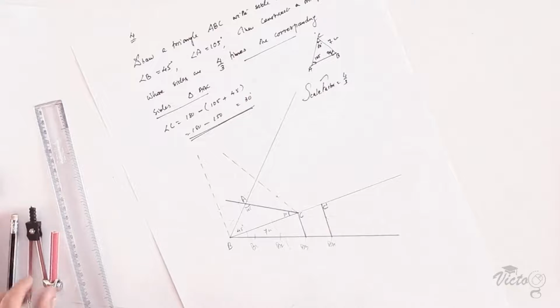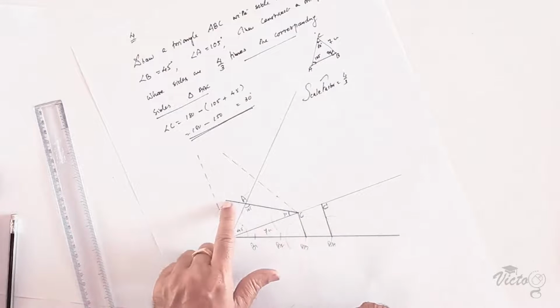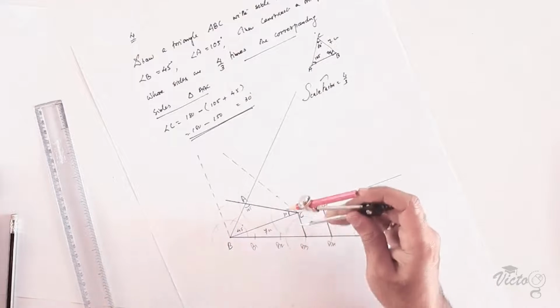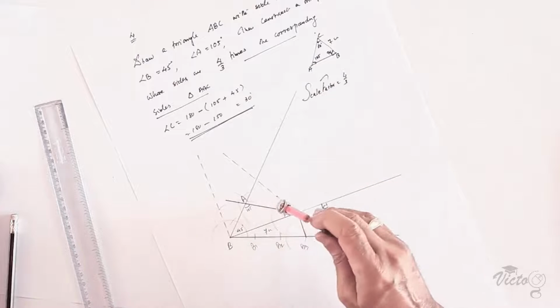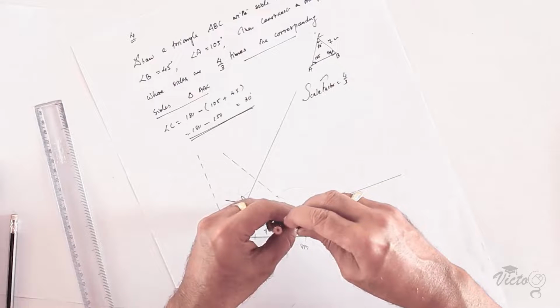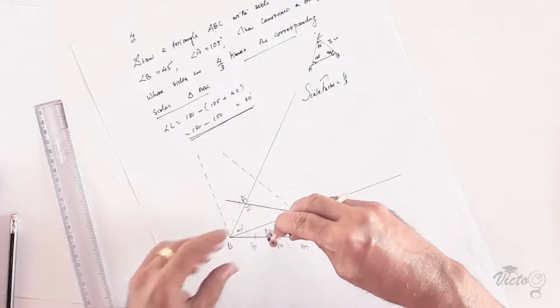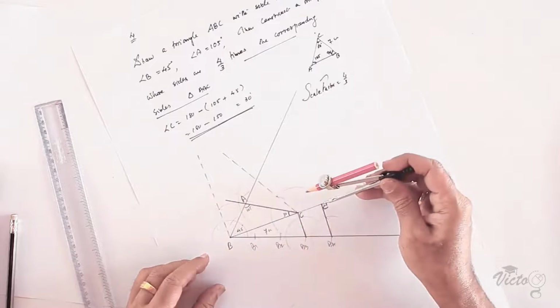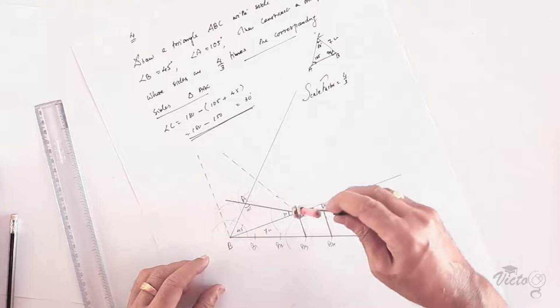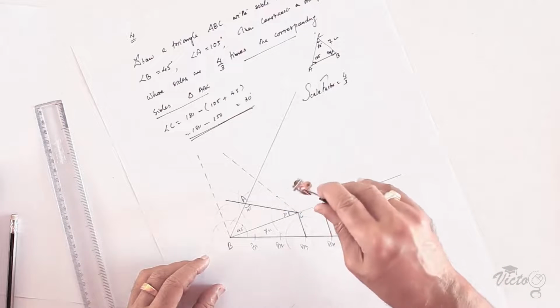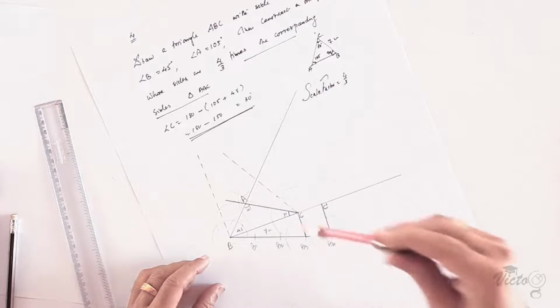Now we have to draw another line segment which is parallel to AC through C dash. For that, draw an arc with C as center. Without changing that radius, draw another arc with C dash as center.